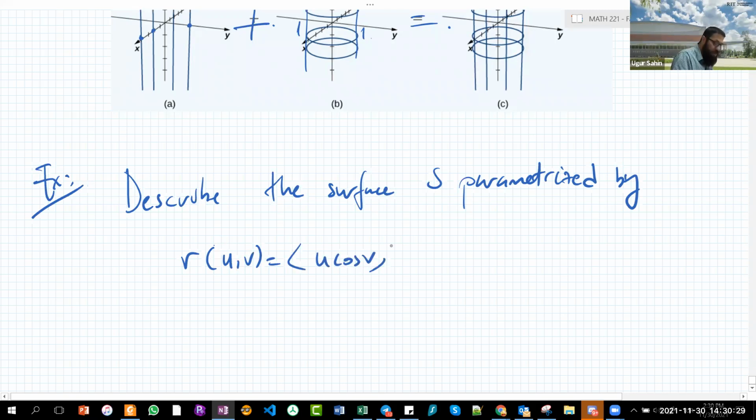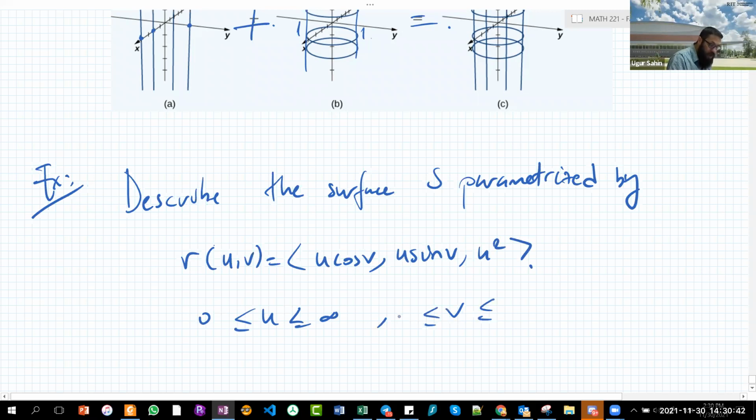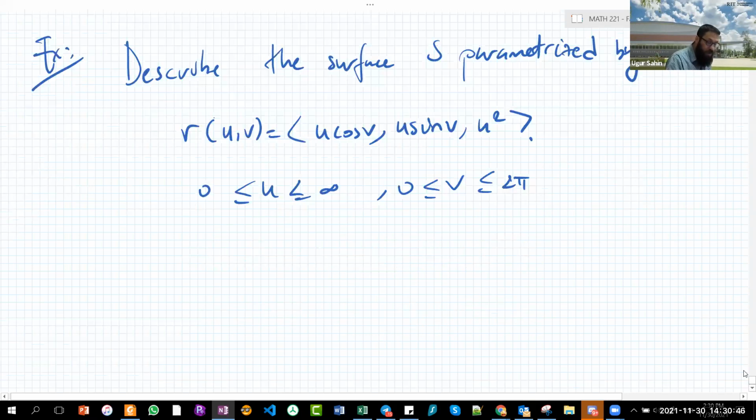This time, it is a little bit different than the previous one. Look at, guys. And then u is between infinity and 0. Since v is an angle, it is going to be between 0 and pi. Can you please relate x, y, z, and then find an equation for this surface?